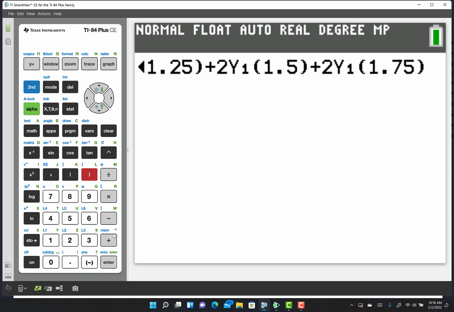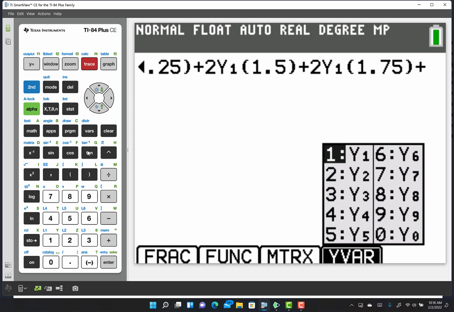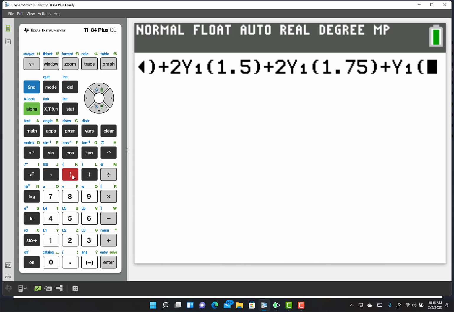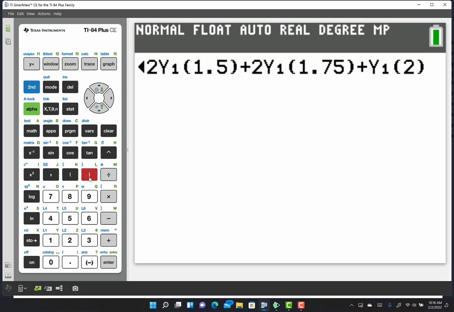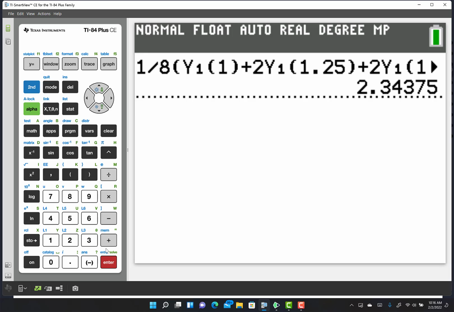And then my last coordinate does not have a 2. It's just alpha trace y1 at 2, right? And then close the parenthesis. That closes everything. 2.34375. Yay, we did it, guys. 2.34375.